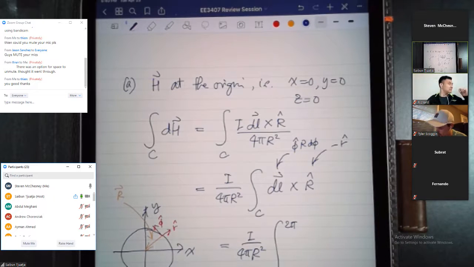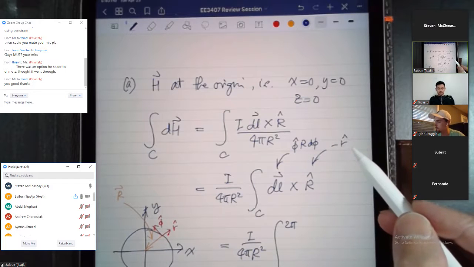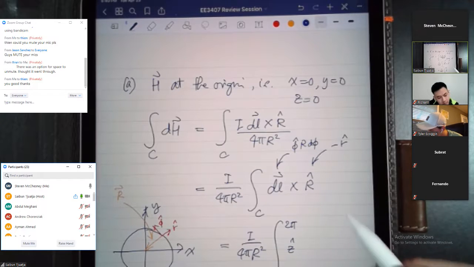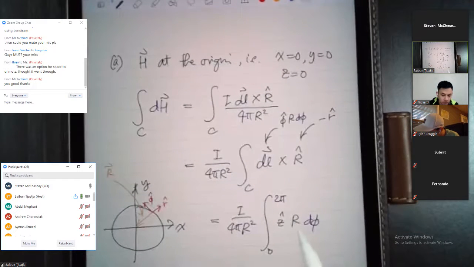So phi cross with minus r gives us z hat, right? So we end up with z hat. So this phi cross, and then I'll have r d phi, right? R is a constant.